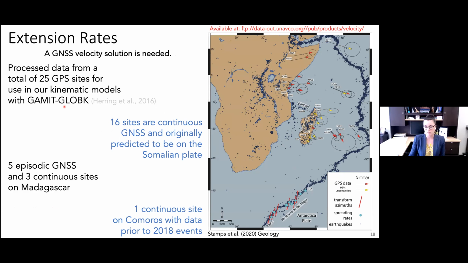And we did utilize GAMMA-GLOK for this solution. 16 sites are continuous and originally predicted to be on the Somalian plate. We have 5 episodic sites and 3 continuous sites on Madagascar, and then 1 new site here in the Comoros that we only use data for before the 2018 events.